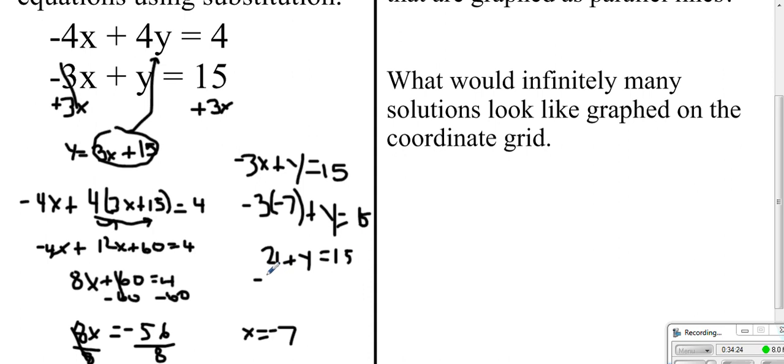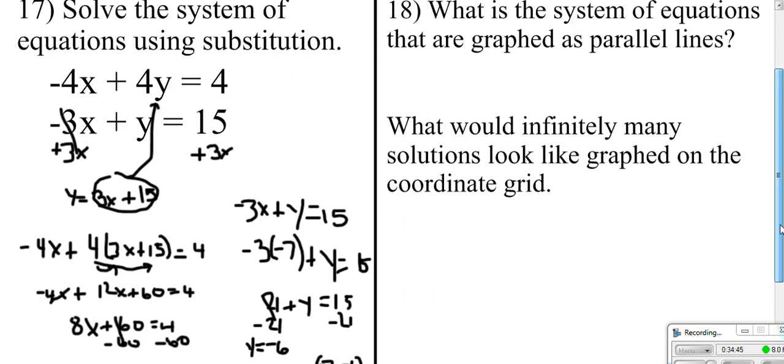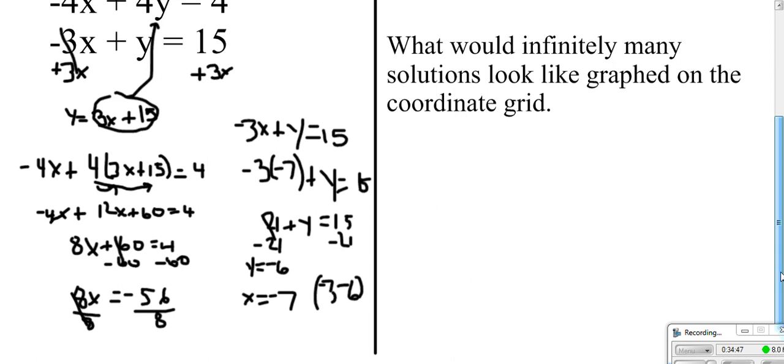So you subtract the 21 from both sides. And y is negative 6. And now you have negative 7 comma negative 6, which is your solution to the system. That was a lot of work. That's why I don't like substitution.